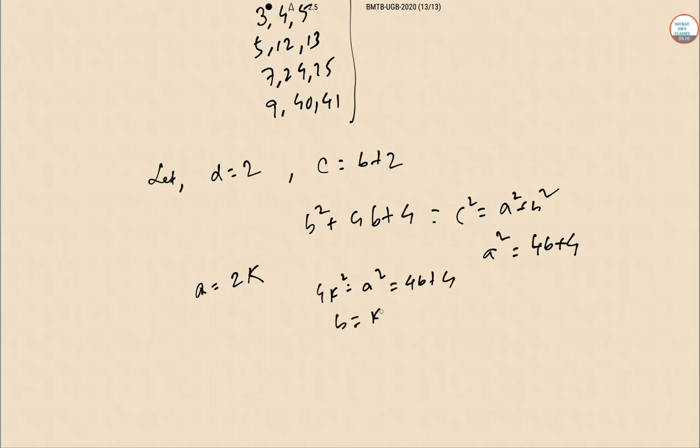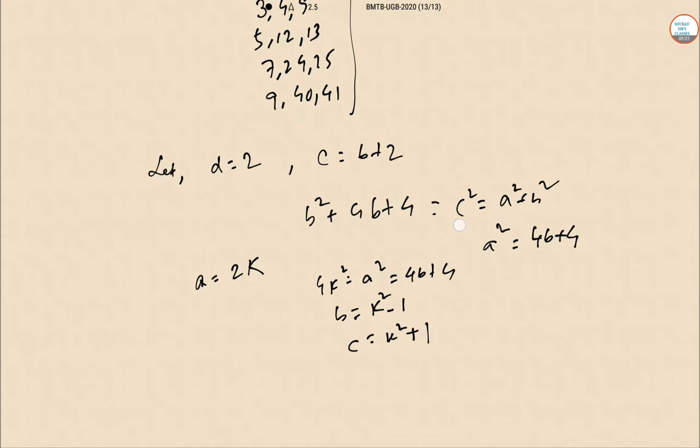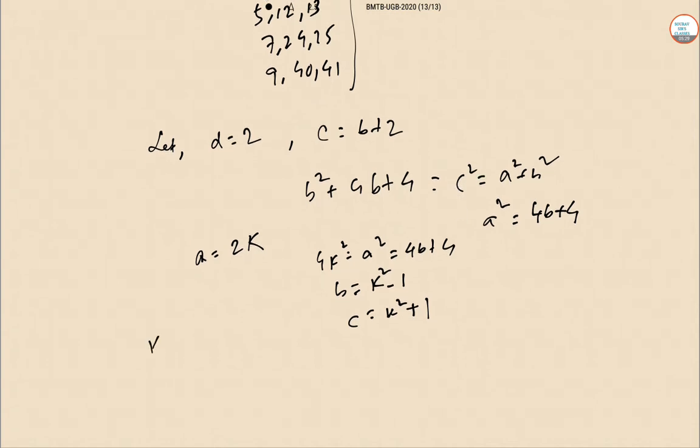So b equal to k square minus 1, c equal to k square plus 1. Since a is greater than b, k is odd, so b is even. So a and b are non-coprime, not co-prime.